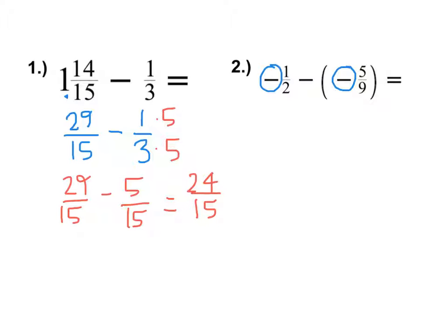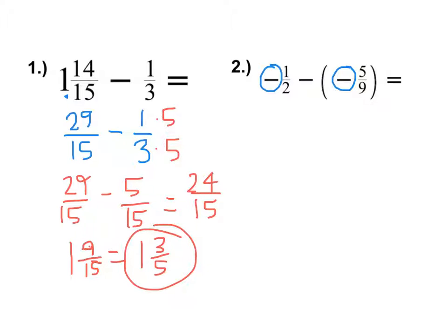And then I am going to simplify. 24 is bigger than 15, so I know that I'm going to have 1 whole, and I will have 9 left over, 9/15. I can divide the top and the bottom of that fraction by 3, so I simplify to a final answer of 1 3/5.